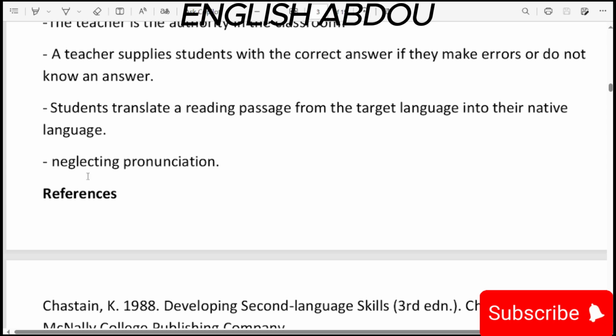And the last one, neglecting pronunciation, because the focus is on the mental exercises, on the grammar, on the words, because they want to collect more vocabulary and more grammar rules, and they don't use the target language most of the time. They use the mother tongue in the classroom, in the explanation, and so on and so forth.